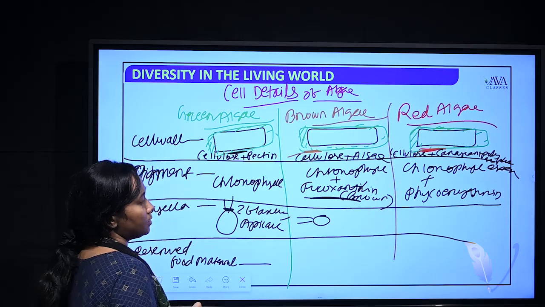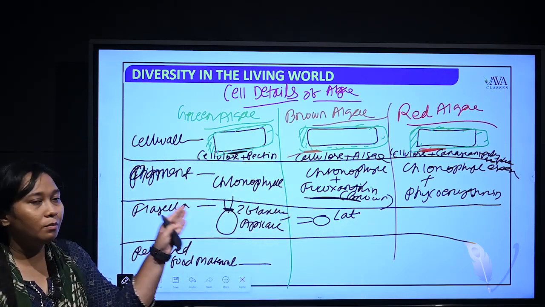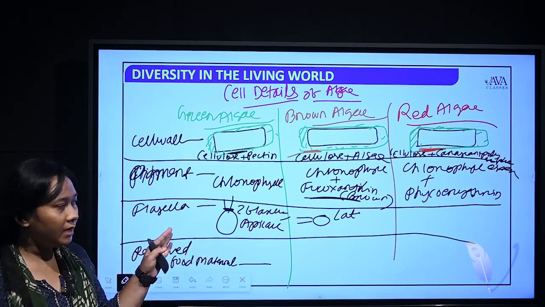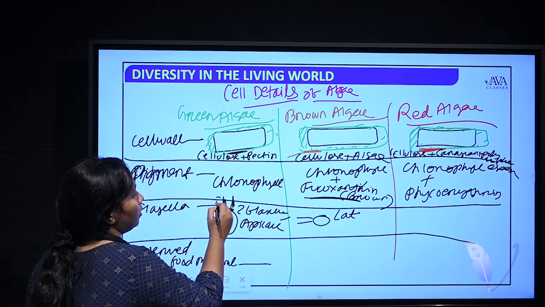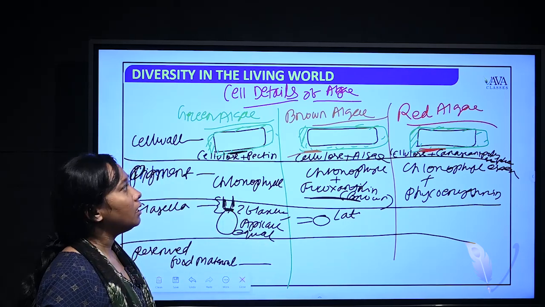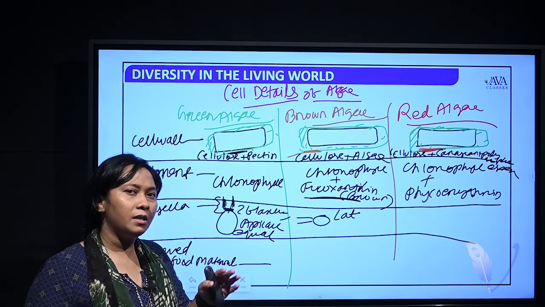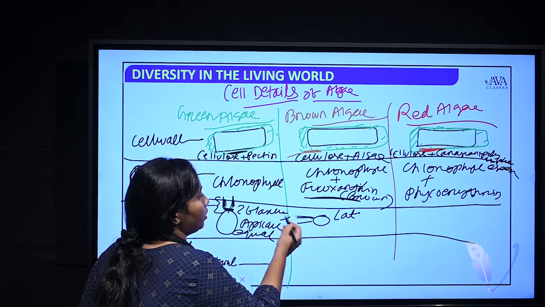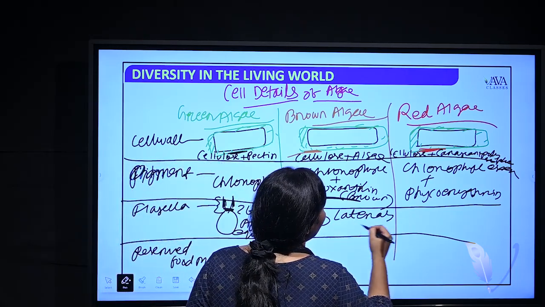In green algae both flagella are of equal length. But in brown algae the flagella position is lateral, and they might be unequal, one longer and one shorter.